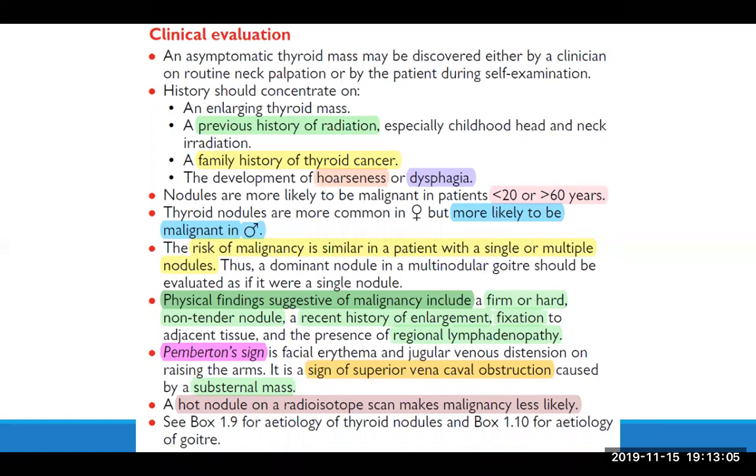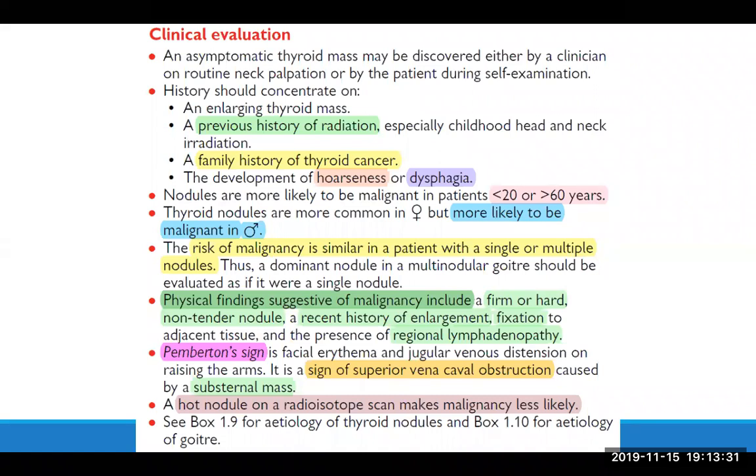There is a famous sign, the Pemberton sign: facial erythema or facial congestion with raising of the arms, which mostly means superior vena cava obstruction. This means a retrosternal obstruction by the goiter, and it is an indication to refer our patient to the surgeon.